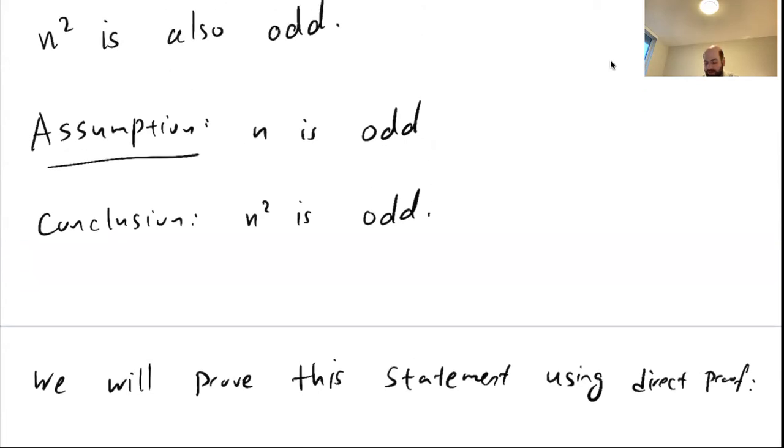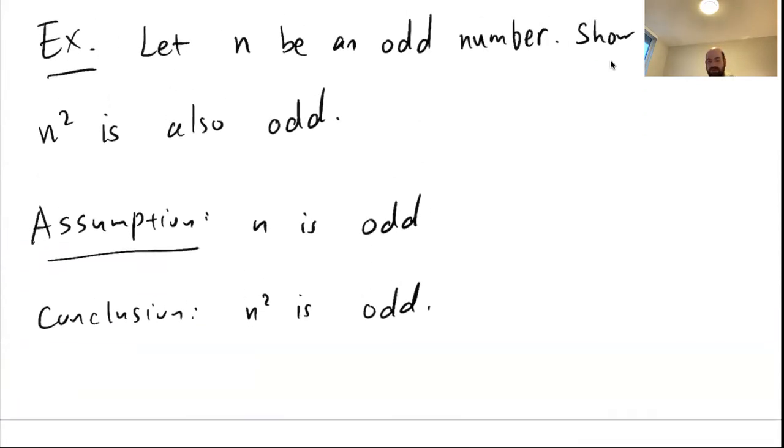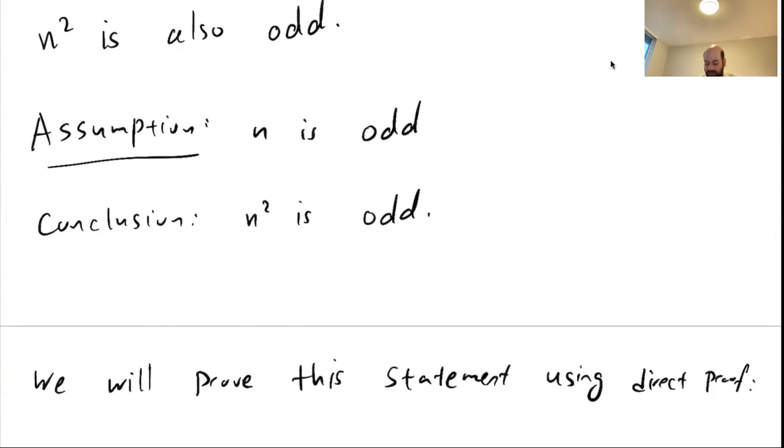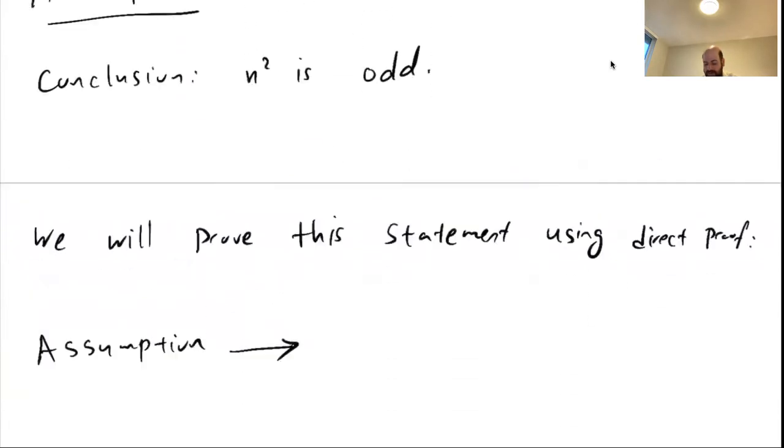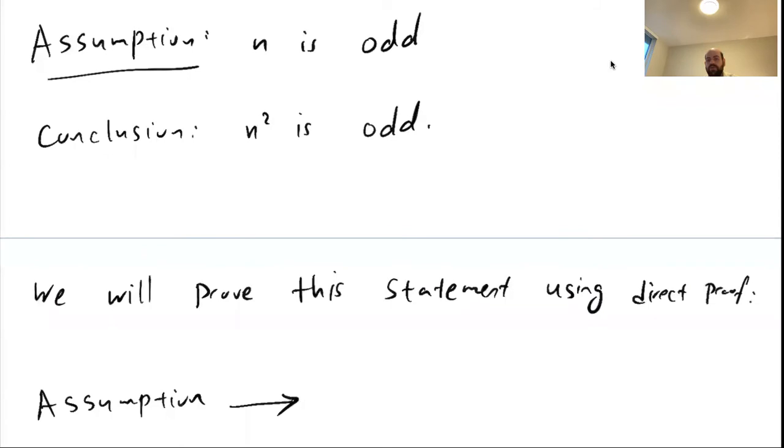So here the statement is mentioning an odd number. So what is the definition of an odd number? This is very important. We start with the assumption. The assumption says n is odd. Now, what is the definition of an odd number?